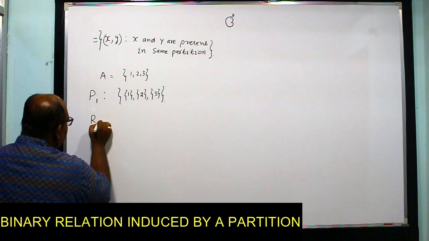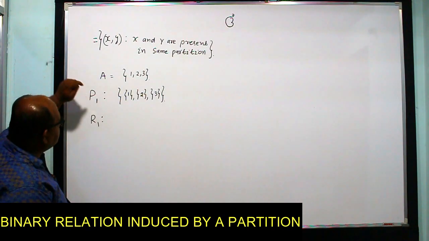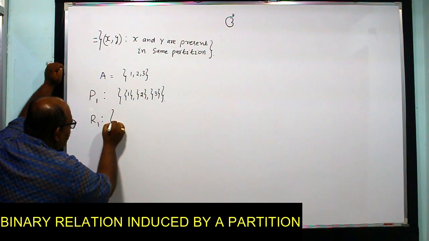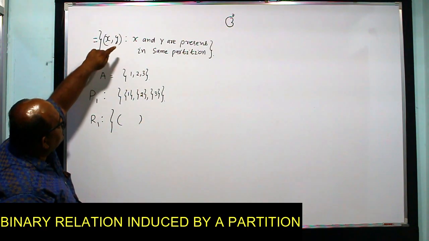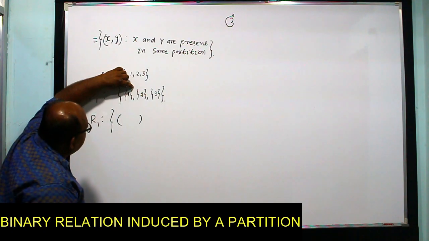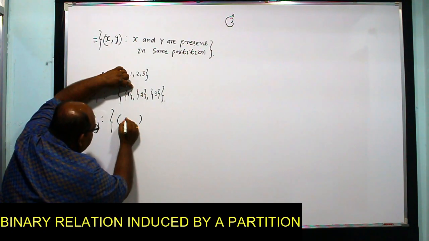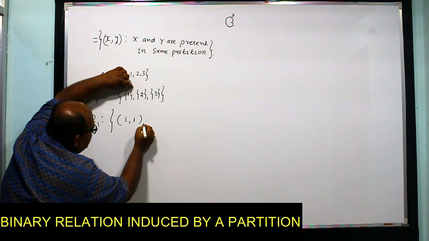Let us take it as R1. So the relation induced by a partition will be a set containing ordered pairs (x, y) such that x and y are present in the same partition. Here this is a partition, it contains 1, so I can write (1, 1). They must be present in the same partition.